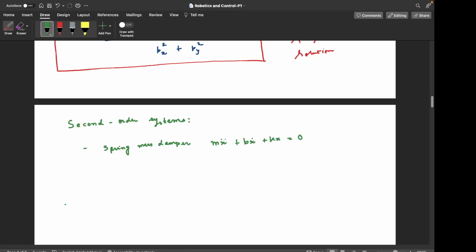Let me just draw a figure quickly. So we have the mass here and we have the spring and we have the damper. So this is K and this is B, this is M, and we are measuring X.